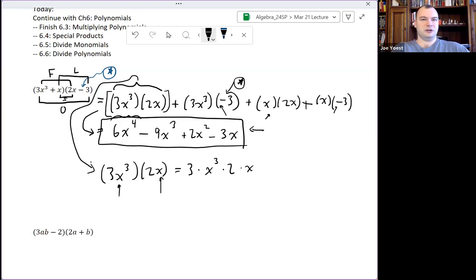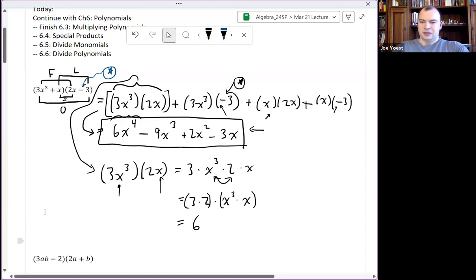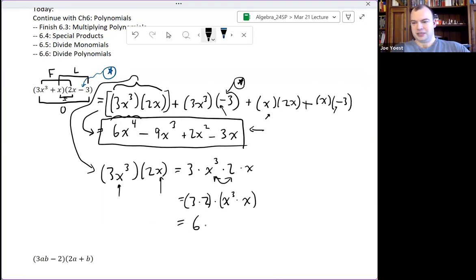We also have the commutative property, so I could swap the x cubed times 2 to be 2 times x cubed. I can regroup however is convenient. And I see that 3 times 2 is 6. Now I have to figure out what is x cubed times x.